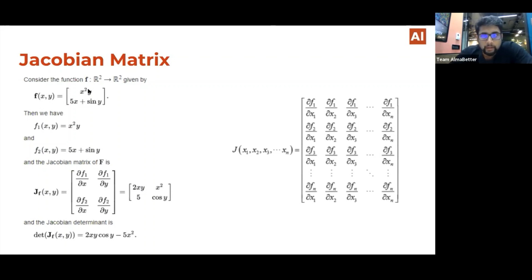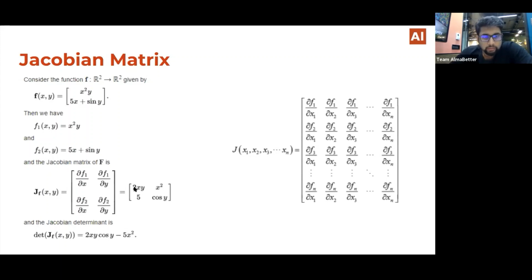So f1 and all of its partial derivatives with all of its variables are stored in the first row. Similarly, for the second row, f2 is there. So you store all the partial derivatives of f2 in the second row. This is what it has done.